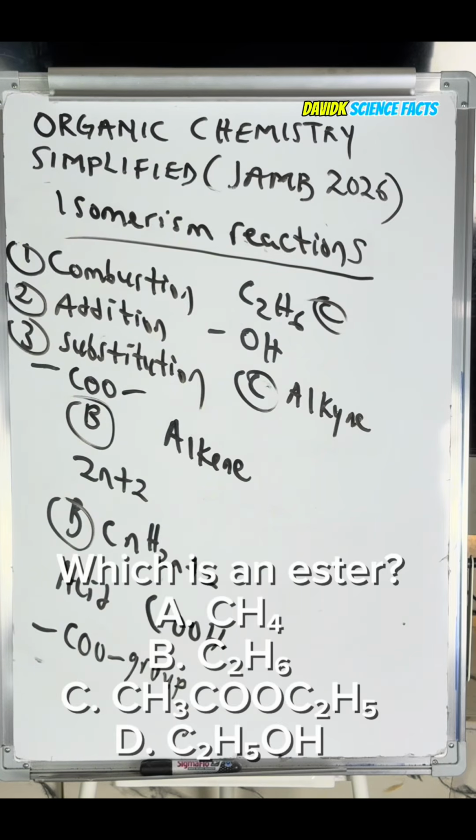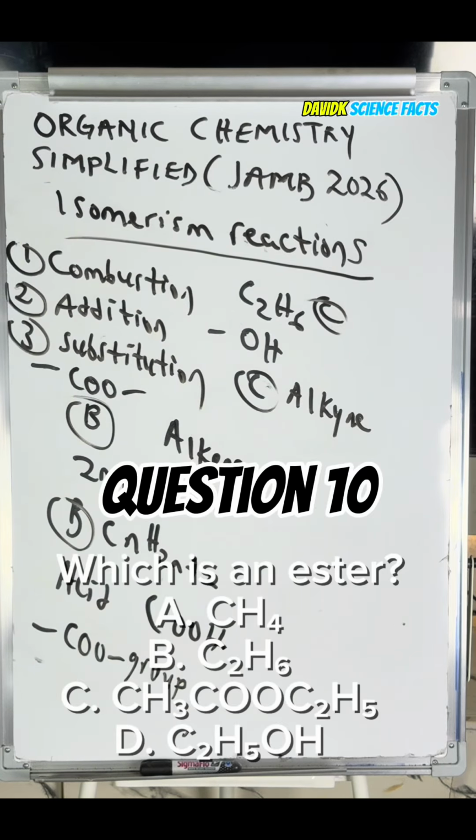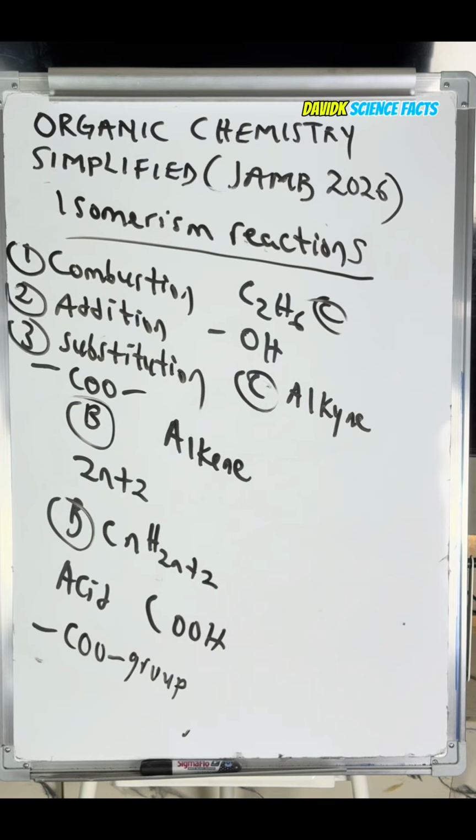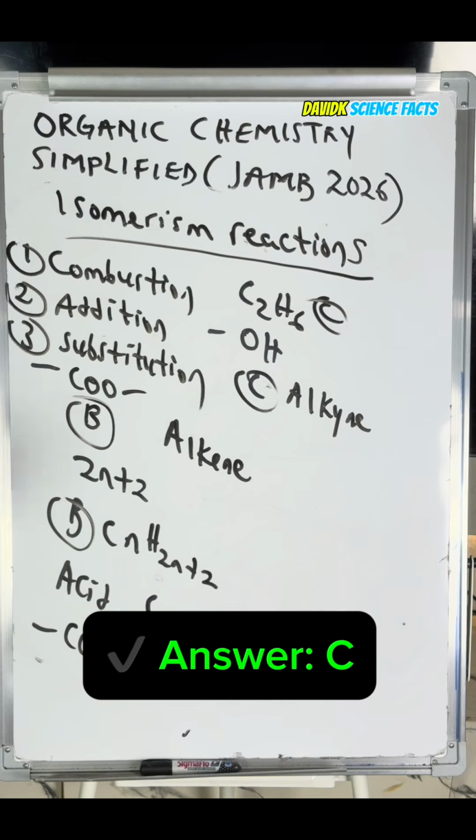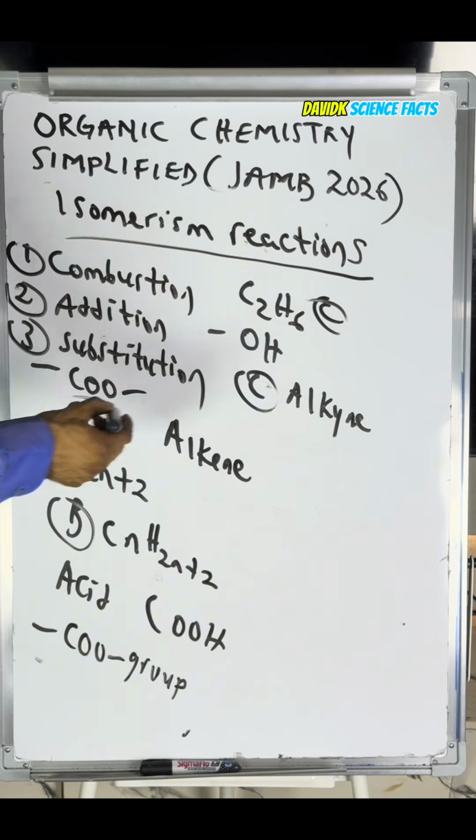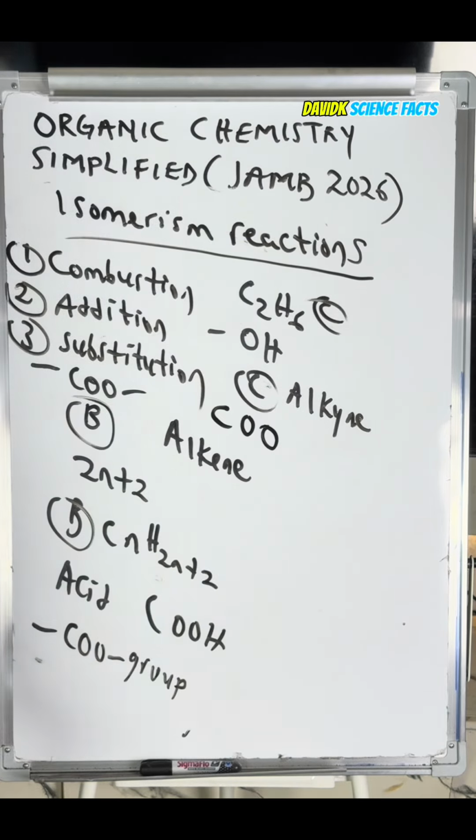Question 10. Which is an ester? A. CH4, B. C2H6, C. CH3COOC2H5, D. C2H5OH. The correct option is C. Remember, whenever you see COO in the middle, it is an ester.